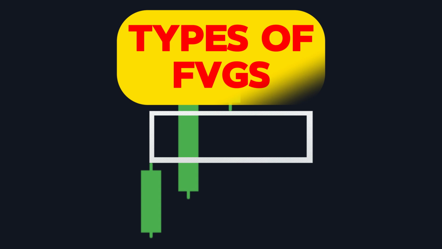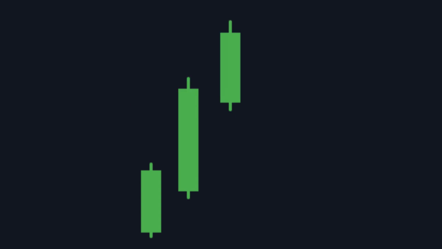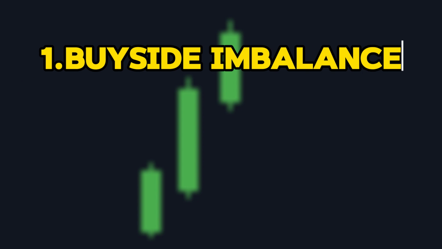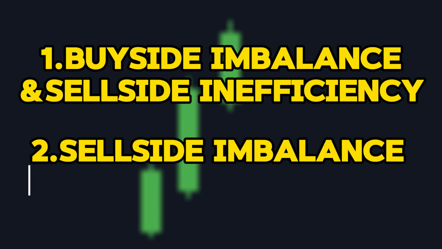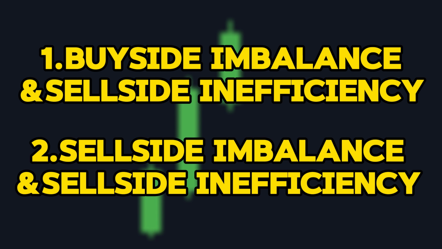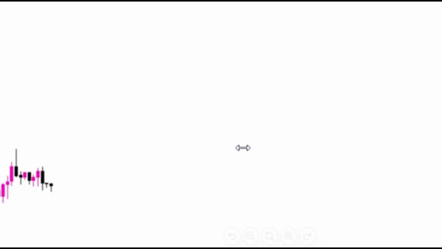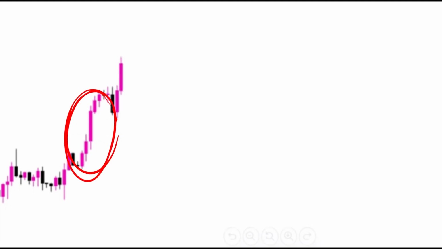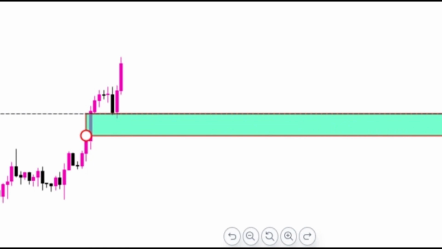Now let us look at the types of fair value gaps. There are two types of fair value gaps. The first one is the buy-side imbalance and sell-side inefficiency, and the second one is the sell-side imbalance and buy-side inefficiency. In the first type, the market first forms three bullish candles, which signals that there is an imbalance between buyers and sellers in the market.